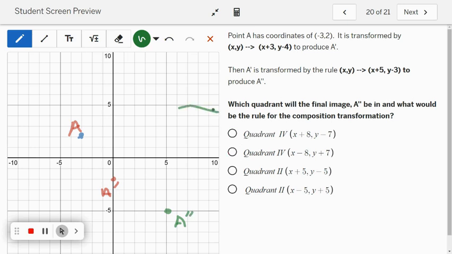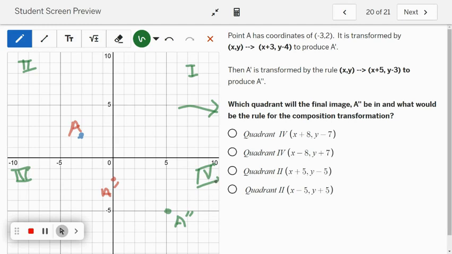Okay, now look at the question. It says, which quadrant will the final image A double prime be in? And what would the rule be for the composition transformation? So the quadrant's pretty easy to see. Notice we have quadrant 1, quadrant 2, quadrant 3, and so A double prime lands in quadrant 4.